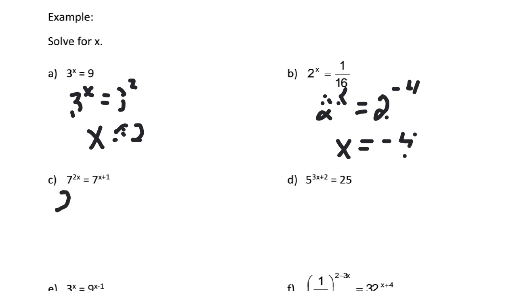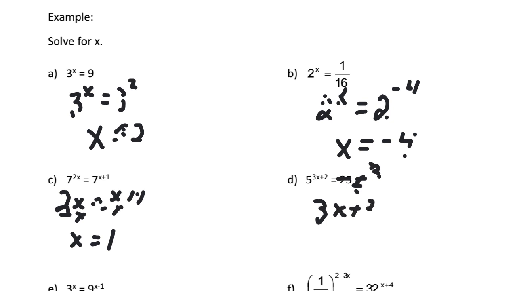Down here we're straight up. 2x equals x plus 1, subtract the x, and x equals 1. I'm going to make that 25 be 5 squared. So I have bases of 5, and I get 3x plus 2 equals 2. And when I subtract 2 and divide by 3, I get x equals 0.